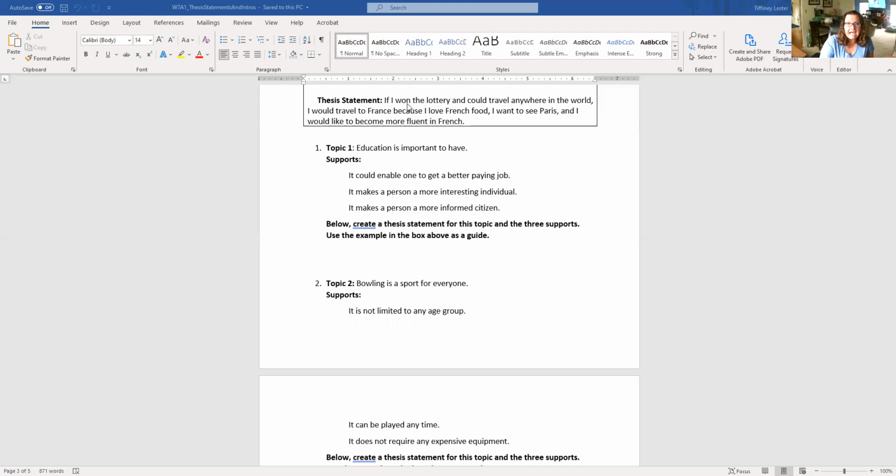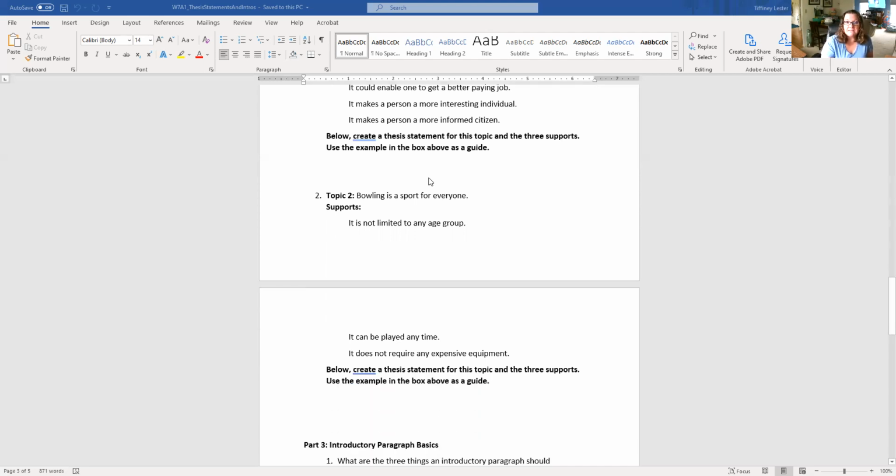You are not adding any new ideas. You're not making this different in any way. You are simply taking what is provided here for you and figuring out how to take the topic and the main ideas of those supports to create a focused thesis statement.